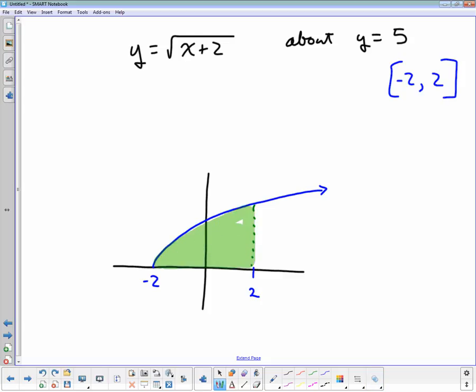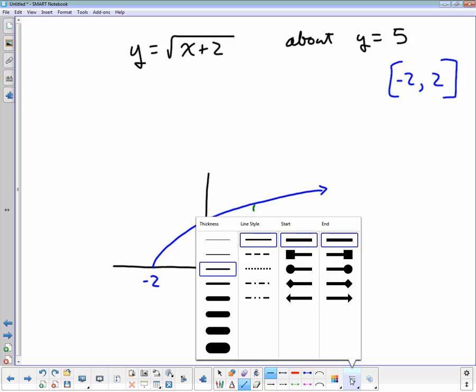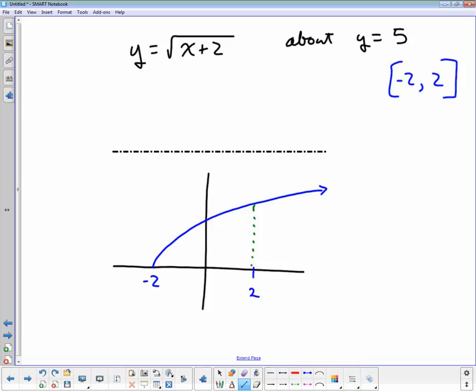Actually, I'm lying. That would be if I was revolving around the x-axis, but I'm not. Instead, the area that I'm interested in is revolving about the line y equals 5, which is up here.